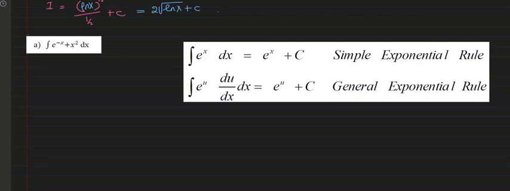So again, let's translate this. If we have e to the power of u such that this u is a function in x, in terms of x, not just simply x to the power of 1, no, any other power of x, x power half, x power 2, x power 3, x power 1.1, and any other power of x. So we have here e to the power of f of x, a function of x. We look for the derivative of that function, only the function in the power.